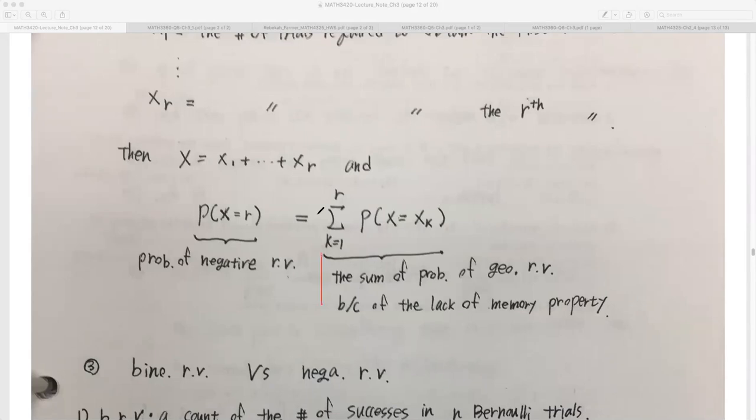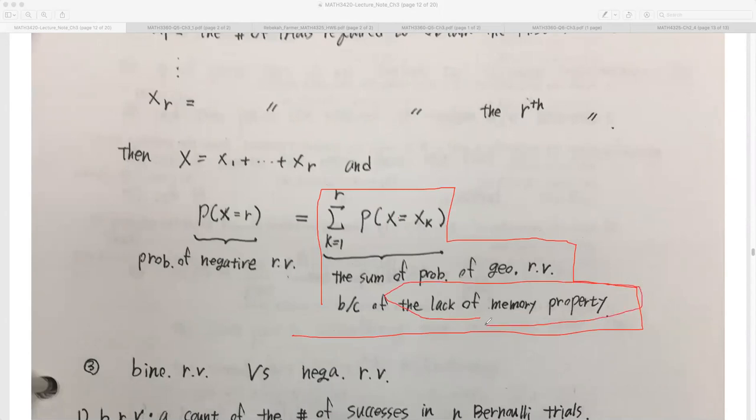This is the sum of probabilities of geometric random variables, because of the memoryless property. I told you about the memoryless property: each random variable can be considered independent, a completely separate geometric random variable. Please read the paragraph in the textbook about the memoryless property by yourself.